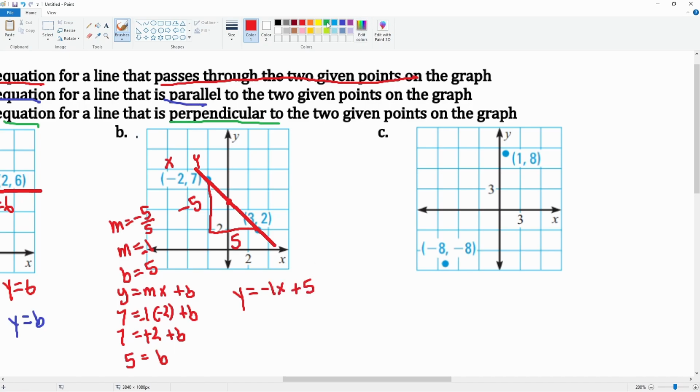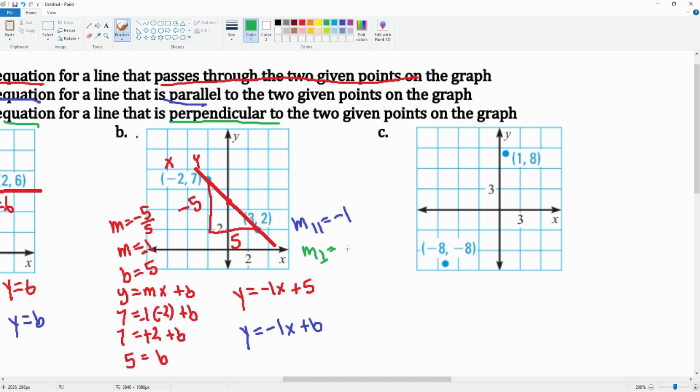Okay. We now want to find the parallel slope. So the m parallel has to be the same as the original. So it has to be negative 1. So y is equal to, it has to be the same one. So negative 1x plus any b value. We don't care. And b perpendicular. So m perpendicular has to be the opposite reciprocal.